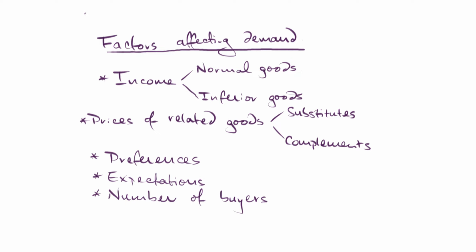Okay, so I've talked about income as something that affects demand, and prices of related goods. Next, preferences. These are simply a matter of what people like, and they can differ and change over time.